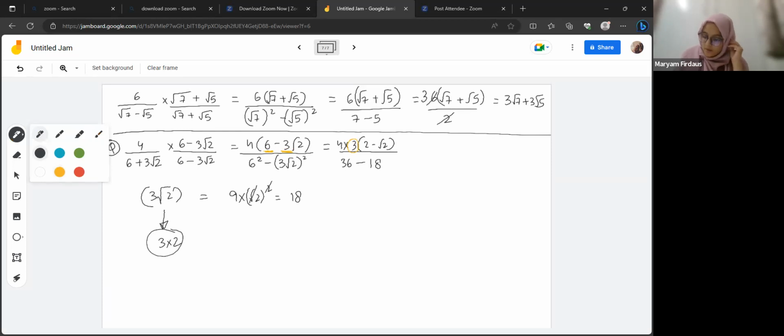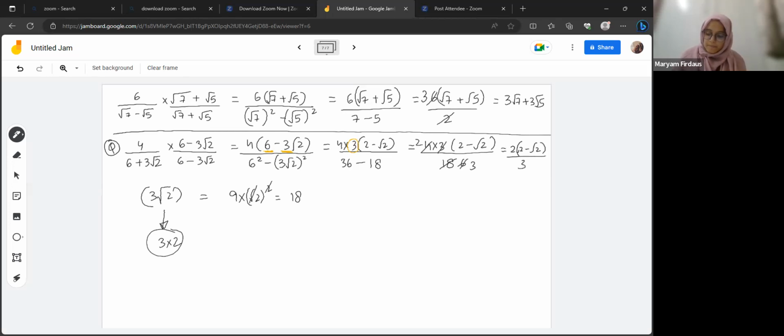So here we have 4 into 3 into 2 minus root 2 by 36 minus 18, which is 18. So I'm going to do it like this, just going to make some cancellations. So this is 2 into 2 minus root 2 by 3.